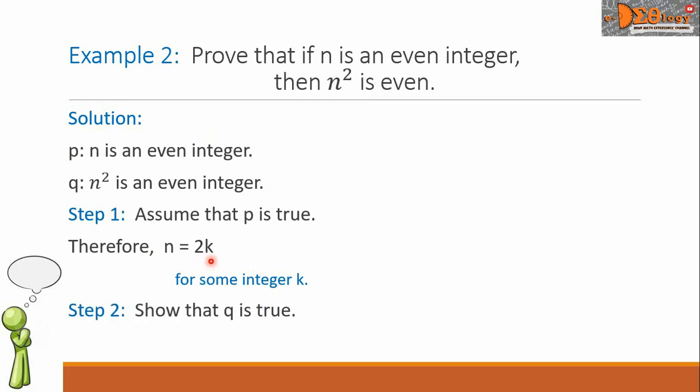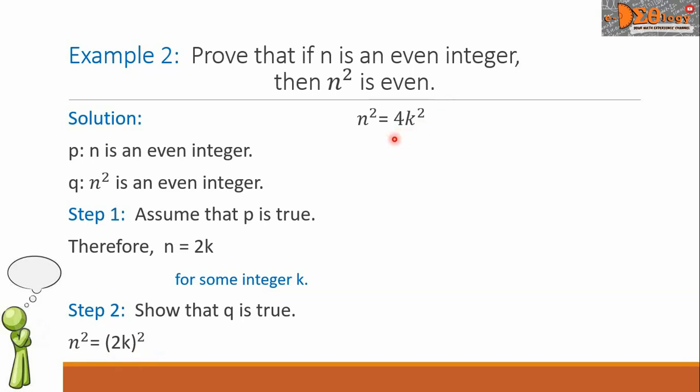Now step 2, let us show that Q is true. Our Q again is that n squared is an even integer. Based on the equation n equals 2k, we're going to square this equation. So we have n squared equals (2k) squared. Simplifying the right side, (2k) squared becomes 4k squared.